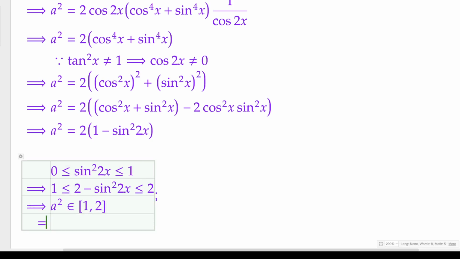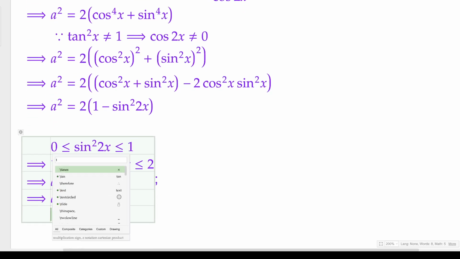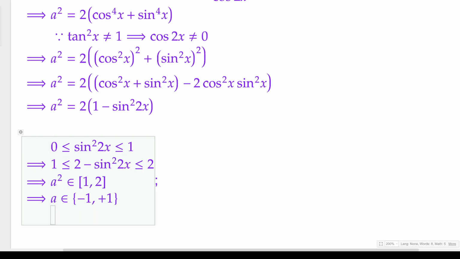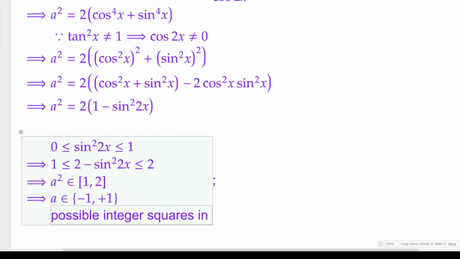Since a can take the value of an integer, the only possible integer squares in the interval 1 comma 2 are positive 1 and negative 1.